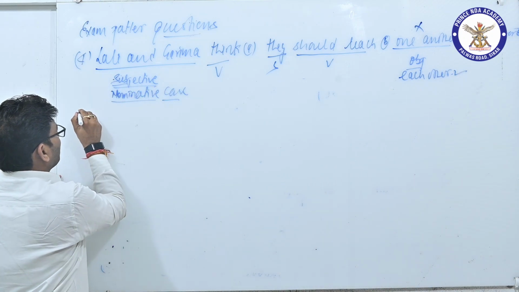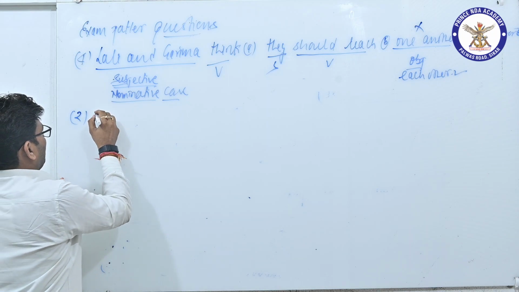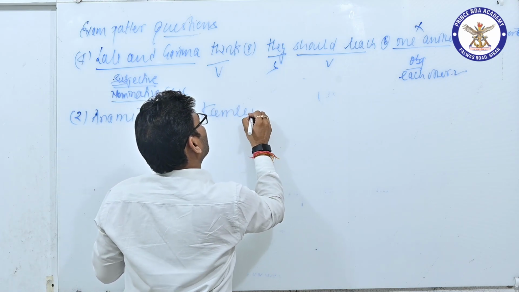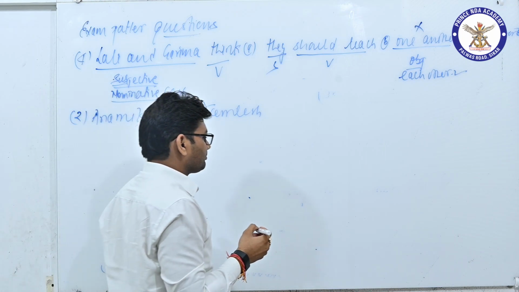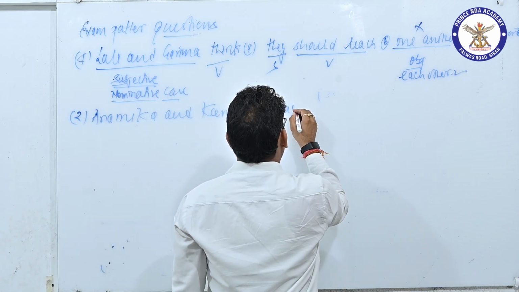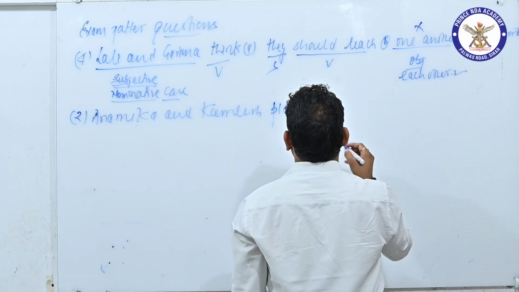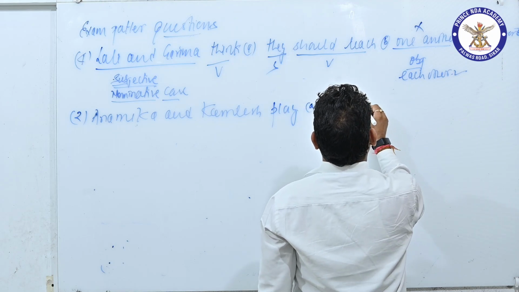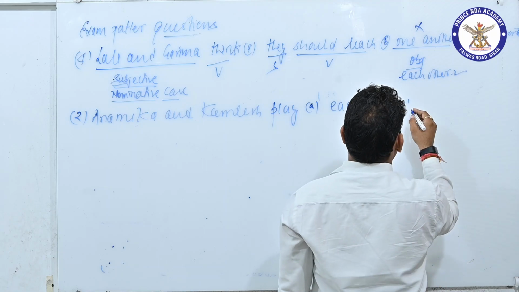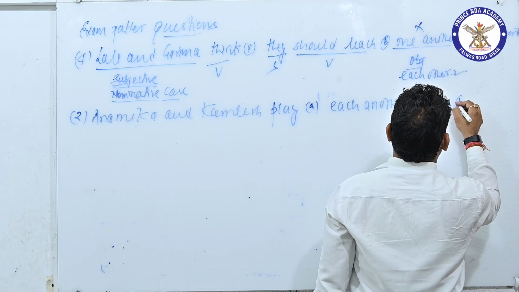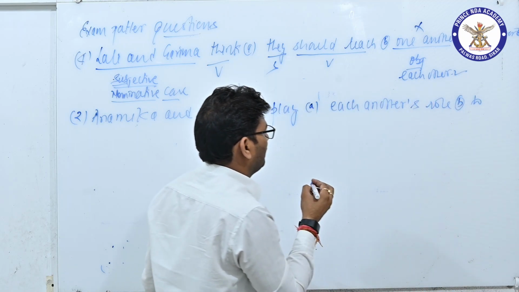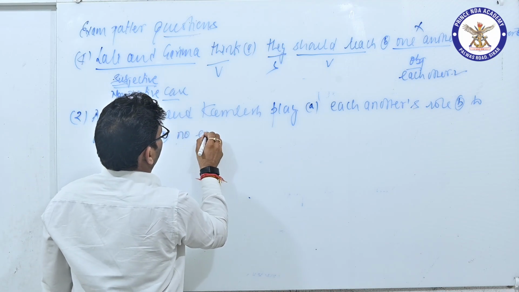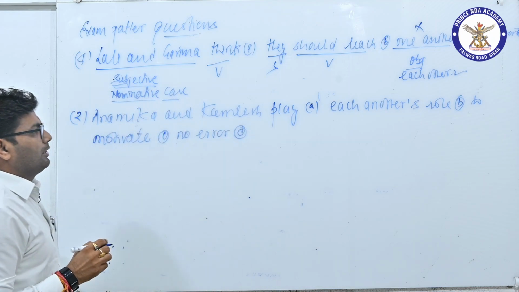Second sentence we will learn. Anamika and Kamlesh play, option A, each another's role, to motivate, option C, no error, option D. It is very easy again.